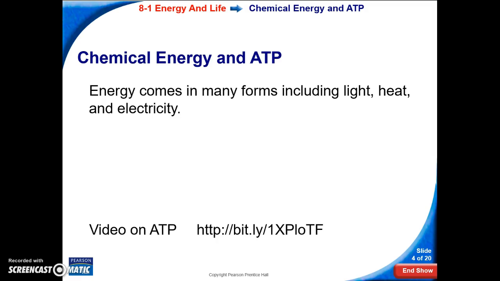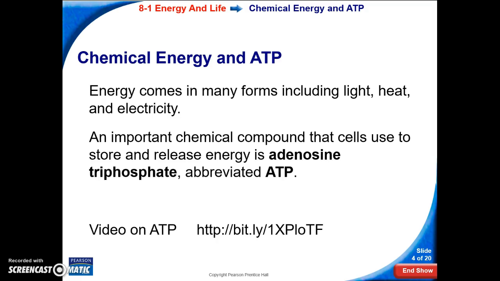The major part of this section is a discussion on ATP. Chemical energy is found in a number of different things, but primarily what we're going to focus on is the chemical energy found within ATP. As you know, energy comes in many forms like light energy, heat energy, or electrical energy.